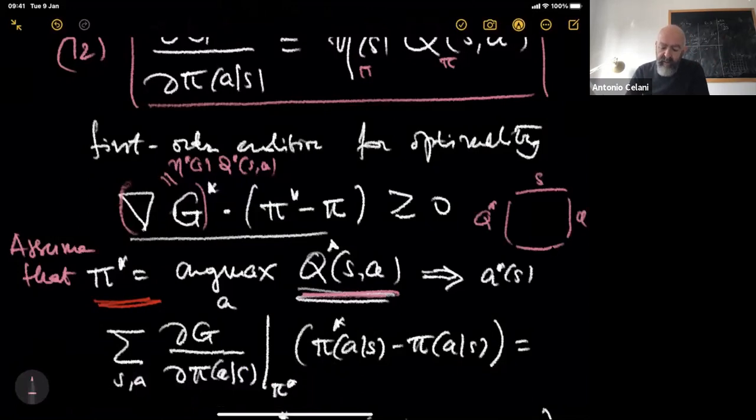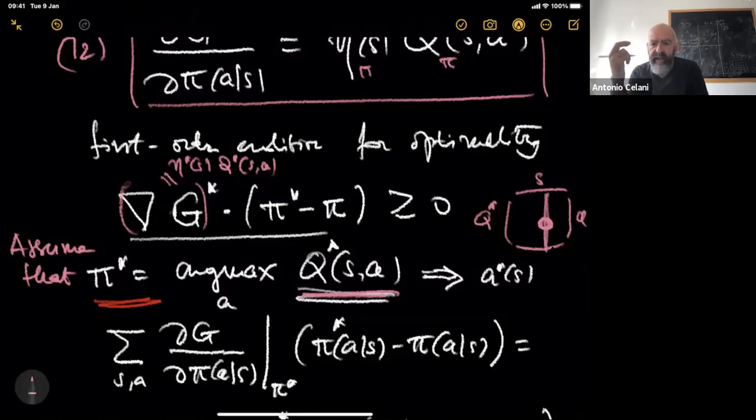Then my suggestion is, let's look at this matrix, and for every state, we consider this column, and we single out the slot which has the largest value in this column, which is what I wrote here. I pick a certain column S, and I extract the row A which has the largest value of Q star.